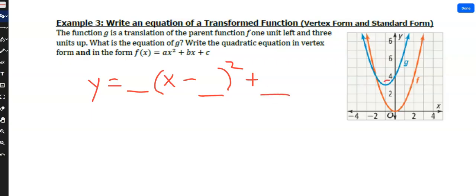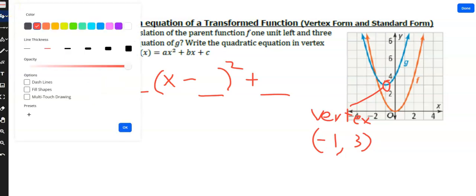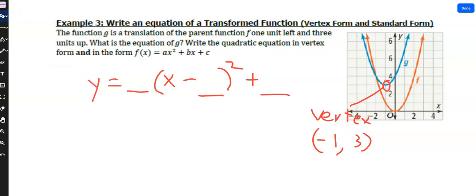Like, for instance, I can see that the vertex is the point -1, 3. Well, I can put that information into my equation, right? -1, 3.